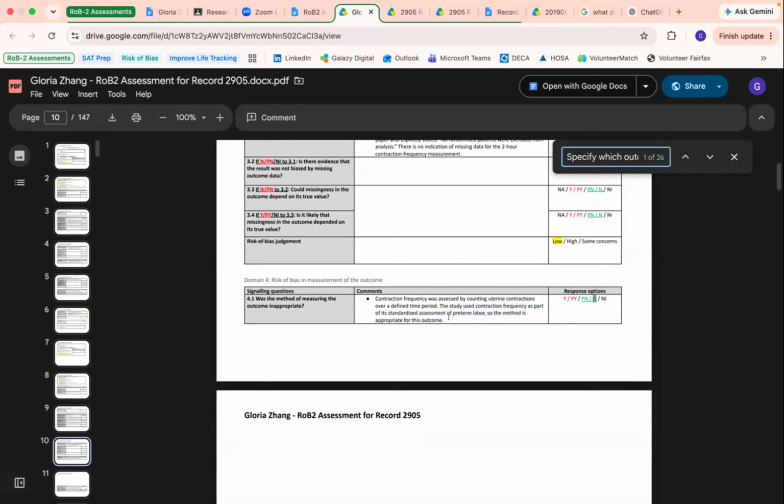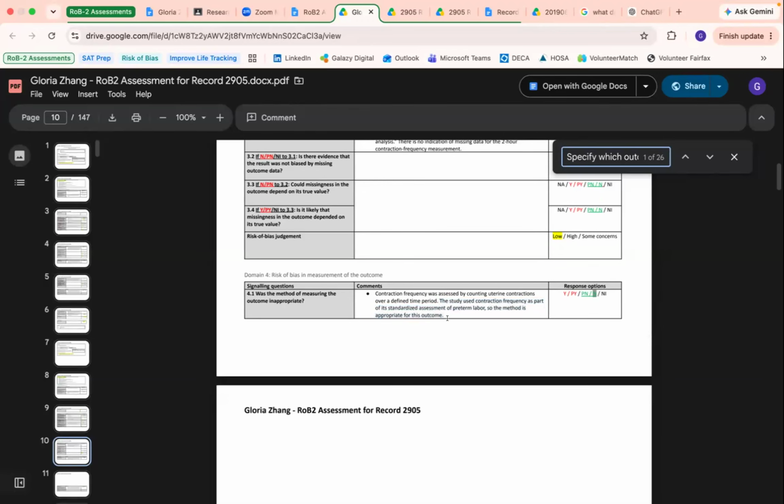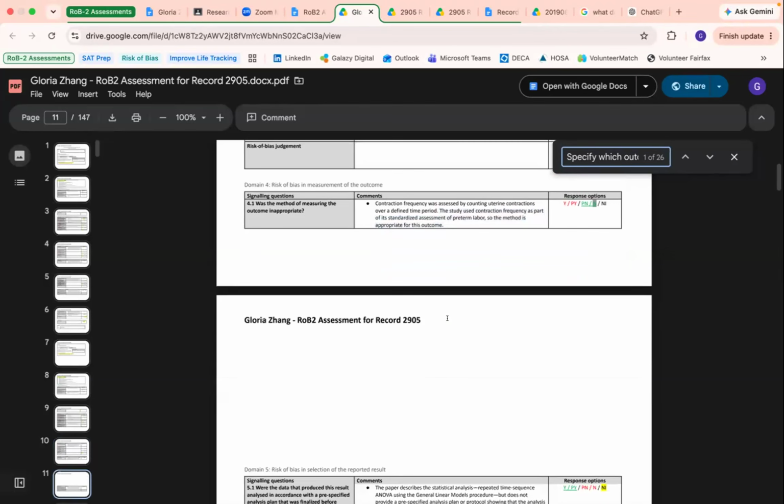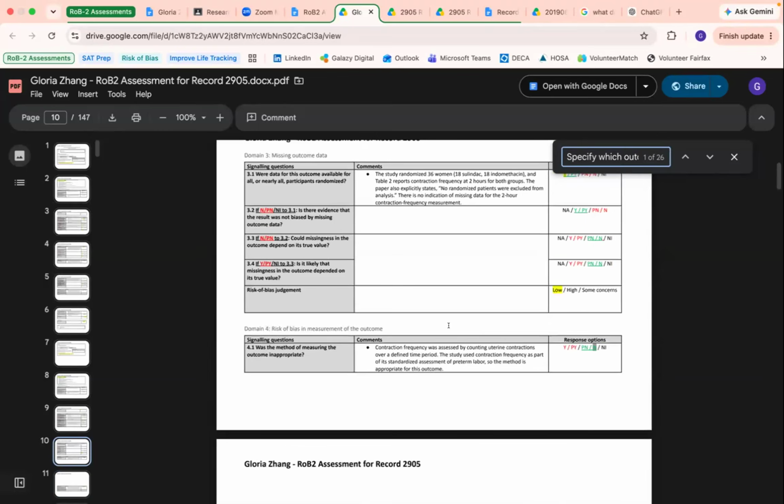Why don't we all define what method this is? First of all, someone say what outcome we're currently talking about, and then somebody else say how it was measured. We are currently on contraction frequency at 2 hours as the outcome. Yeah, and then I think we put NI because there was really not a lot of information that told us how it was measured in the method section.